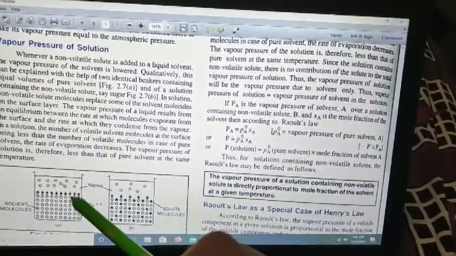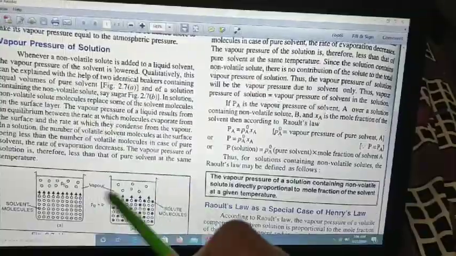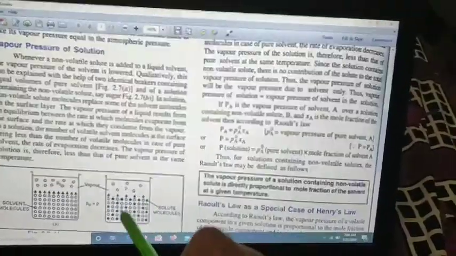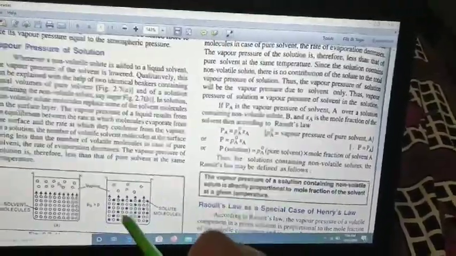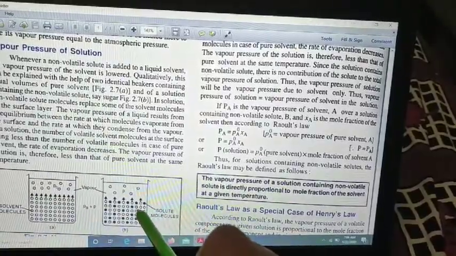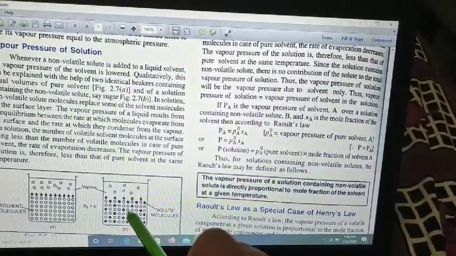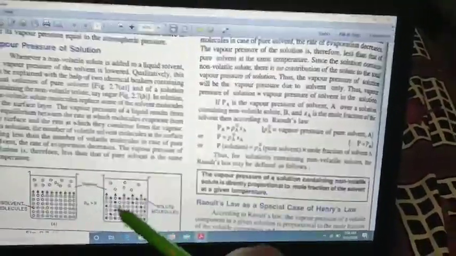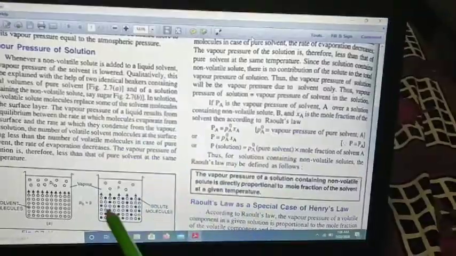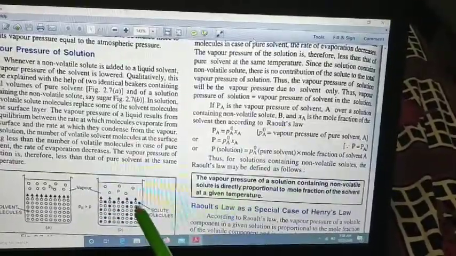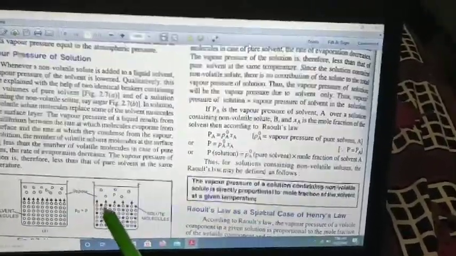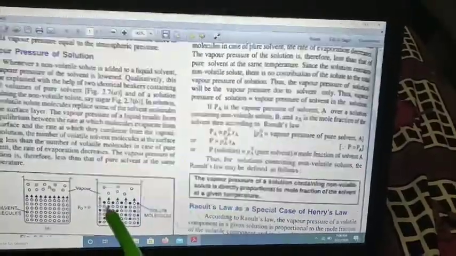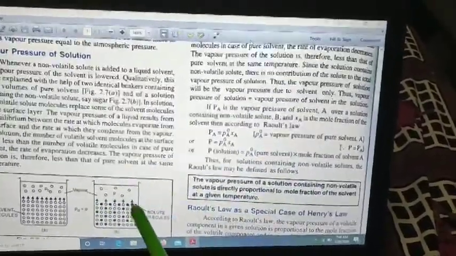But if you add some amount of solute to that solvent, it becomes a solution. In the case of a solution with a non-volatile solute, that means the solute does not convert into vapor form, the surface of the solution will be covered by some non-volatile molecules.